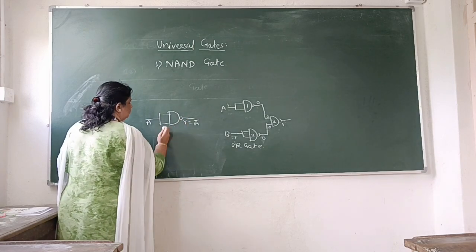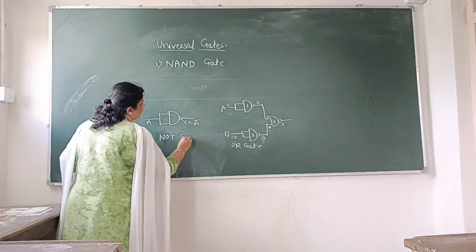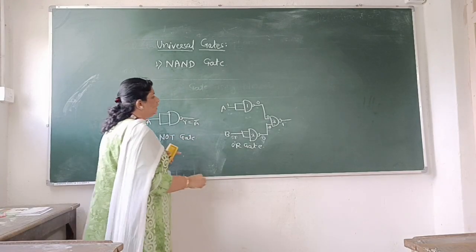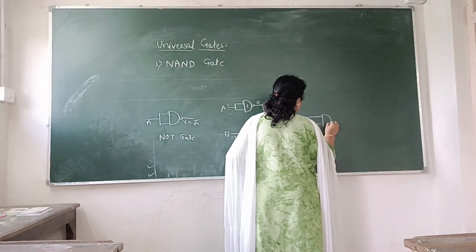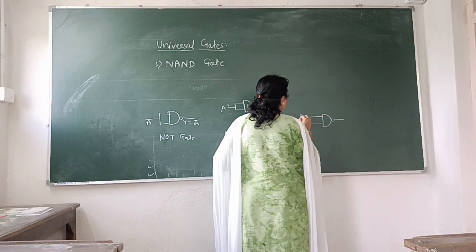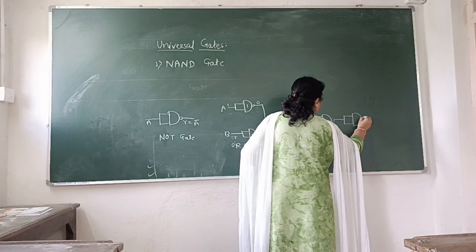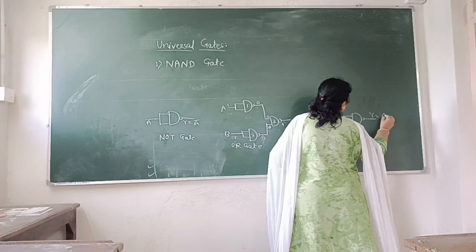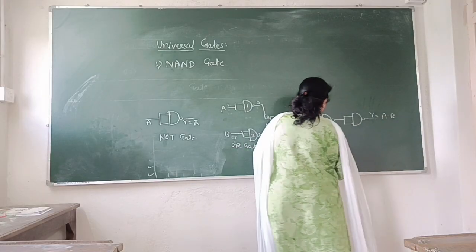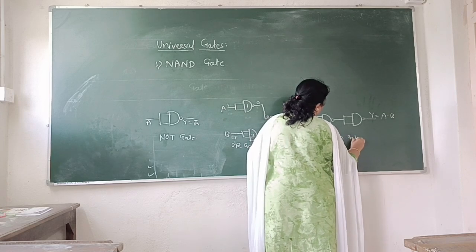So this is NOT gate, and the third gate that we have designed here is having two inputs A and B, and then the output Y is equal to A dot B. So this is AND gate.